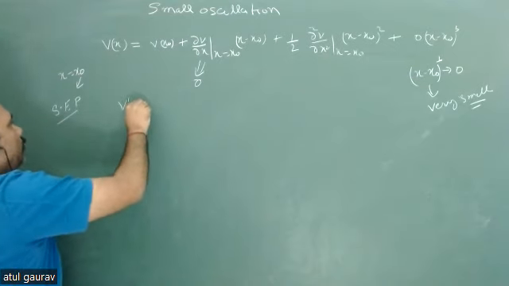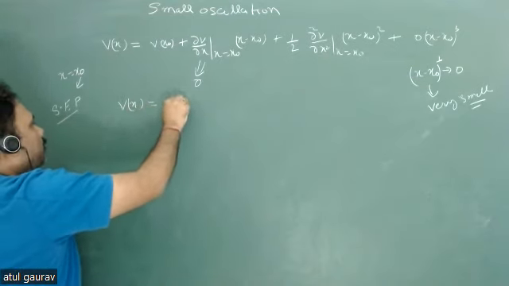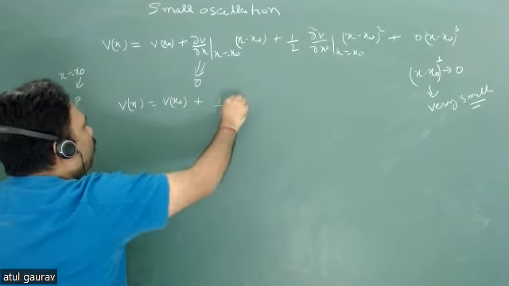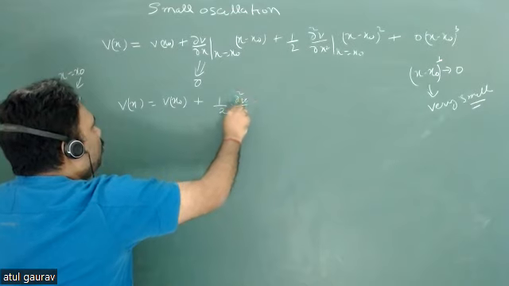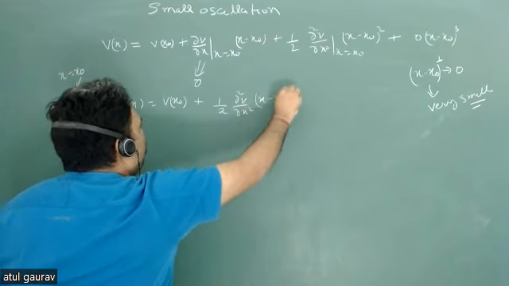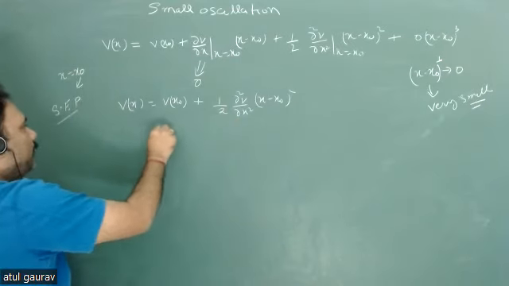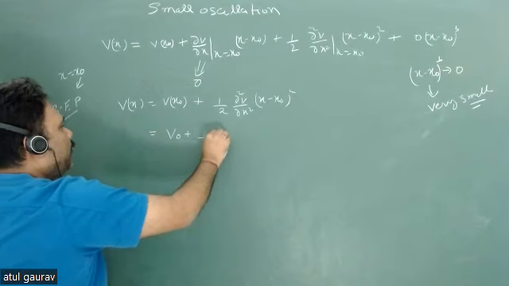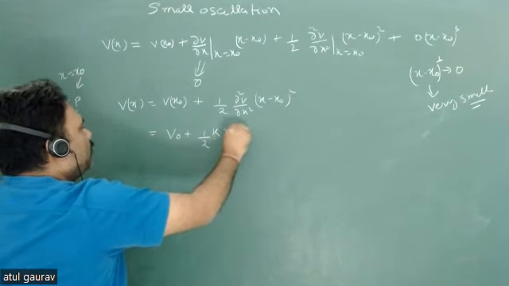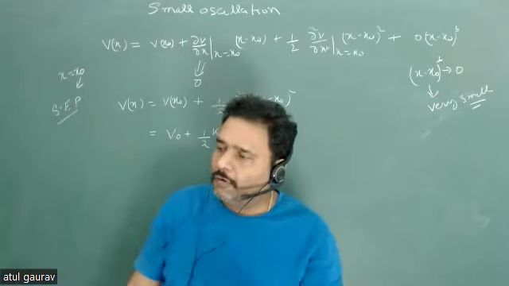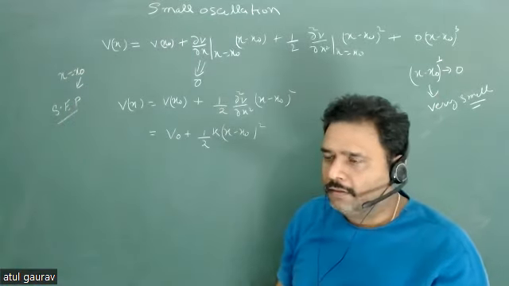So V(x) is equal to V(x naught) plus half del square V upon del x square times (x minus x naught) square. And what I can do, I can write V naught plus half k (x minus x naught) whole square. And this V naught is constant. It will just tell you about the reference point.